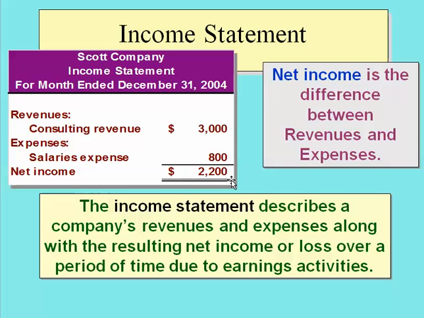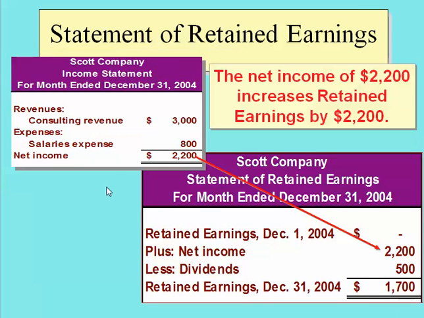Net income is $2,200. That's going to carry over into our statement of stockholders' equity and our statement of retained earnings. Remember that beginning balance for a new company would be 0, plus net income, minus those $500 in dividends. Gives you your ending retained earnings balance, $1,700. That amount is going to carry over onto our balance sheet.